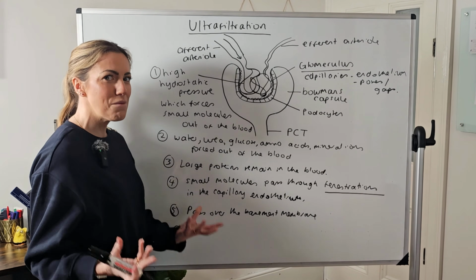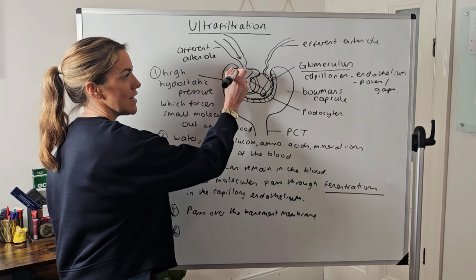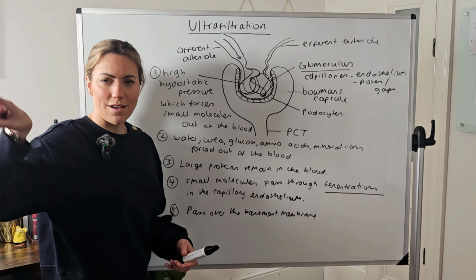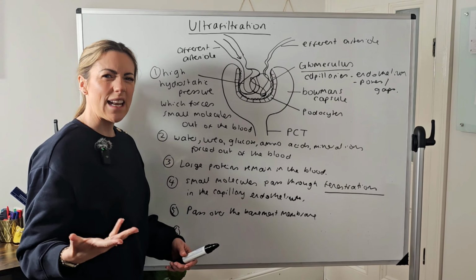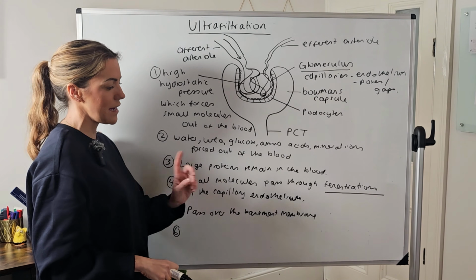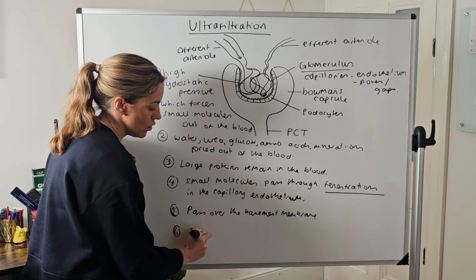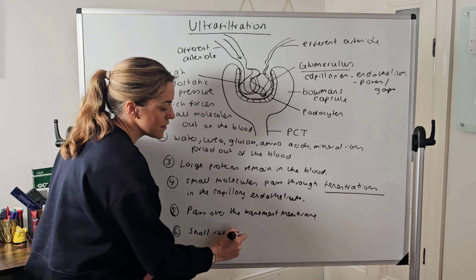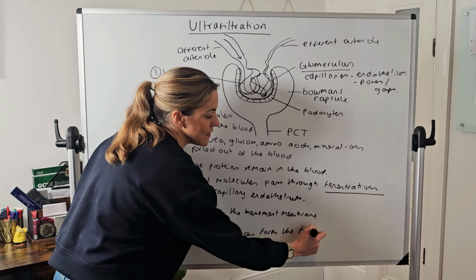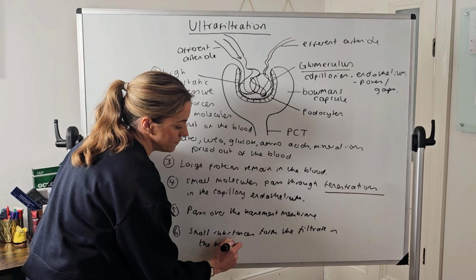But it's not really on the mark scheme for AQA, so I'm just going to miss that out. But you might have heard of podocytes. It's just these surface cells here. And they've got like foot processes on, right? And gaps between them. So that's kind of like a third stage of the filter. But we can just get credit for talking about the capillary endothelium and the basement membrane. And then the small substances that have now been filtered form what we call the filtrate in the Bowman's capsule.